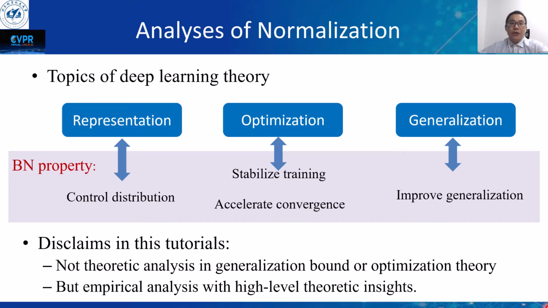It is difficult for theoretical analysis of deep neural networks even when there is no normalization in the network. This tutorial mainly focuses on illustrating an analysis that combines high-level theoretical intuition and empirical experimental validation.